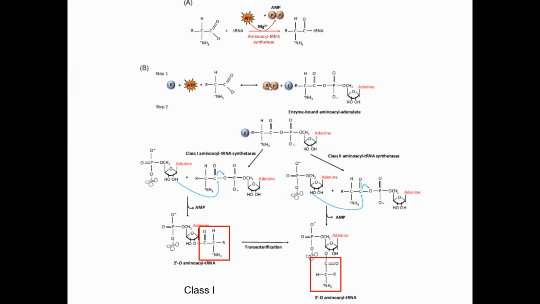And then the class 1 aminoacyl-tRNA synthetase would transfer this amino acid to the 2' hydroxy here, and then they have an extra step to move to the 3' hydroxy. In the end, everything has to be in the 3' hydroxy.